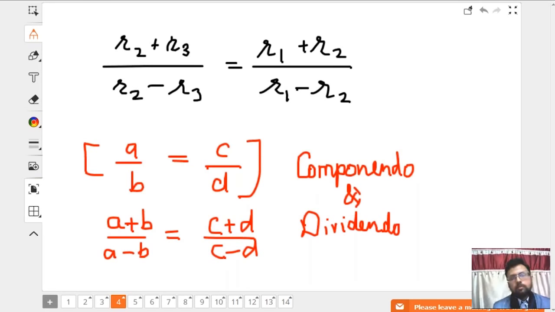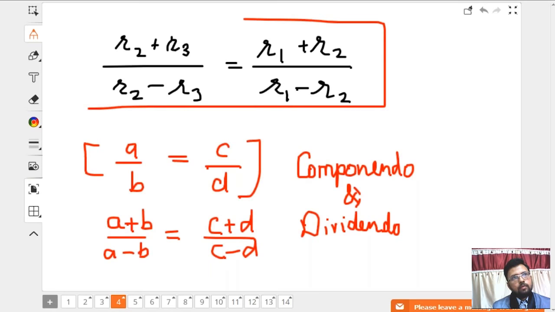Okay, you can note down. This is a property known as componendo dividendo. If A by B is equal to C by D, then A plus B by A minus B is equal to C plus D by C minus D. Got it? Let's apply this. Any doubts?